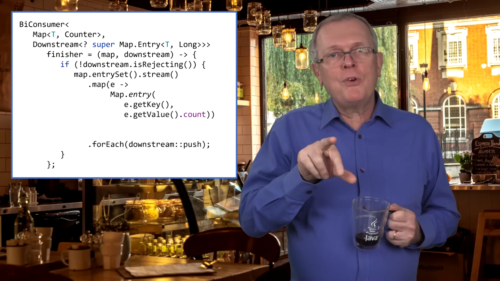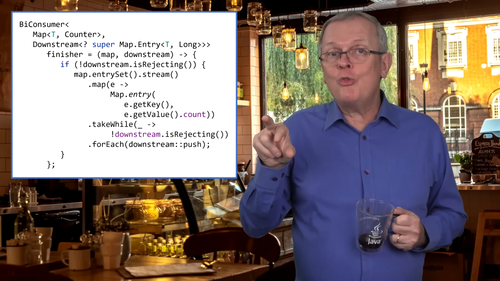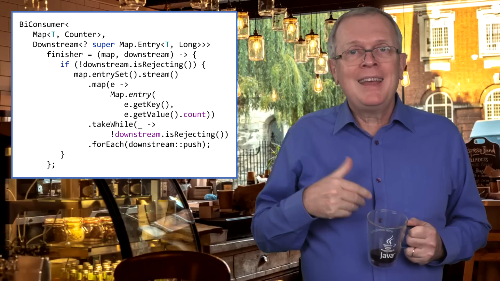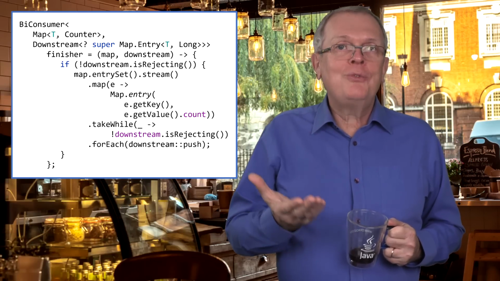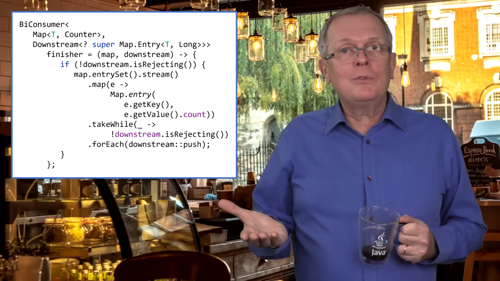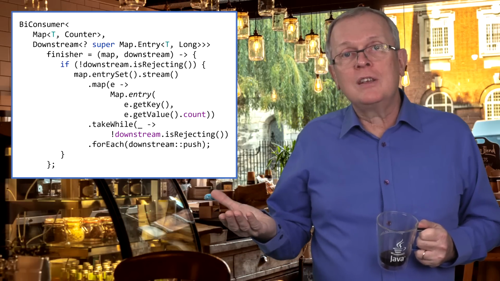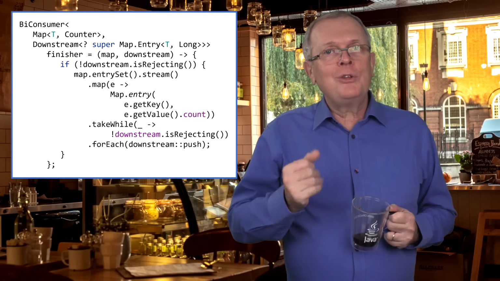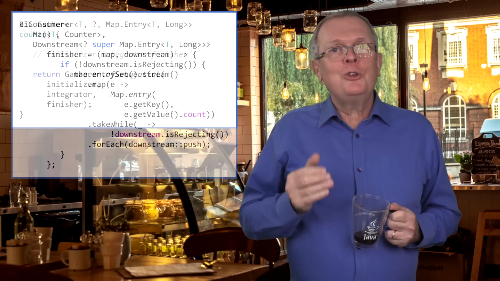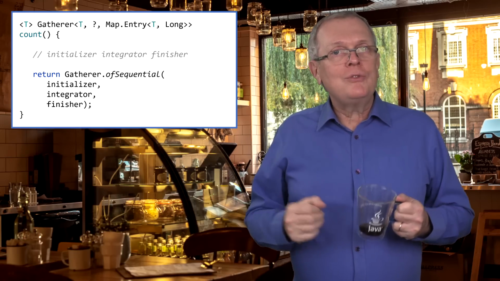And second, before pushing it, you need to make sure that the downstream is not rejecting these new elements. That's exactly the job of the takeWhile method. Its result does not depend on the element of the stream it processes, only on what the downstream rejects or not. So now you have the three elements of your gatherer. You can write it in that way and check that it gives you the right result.